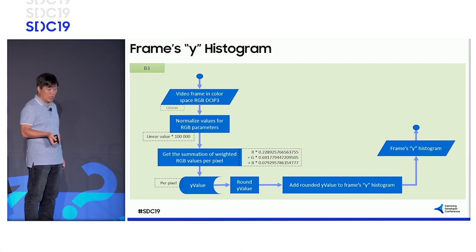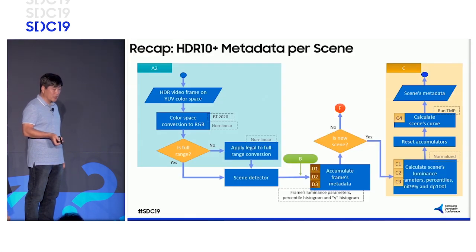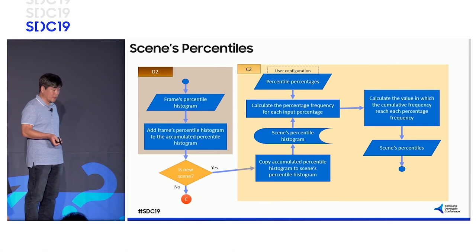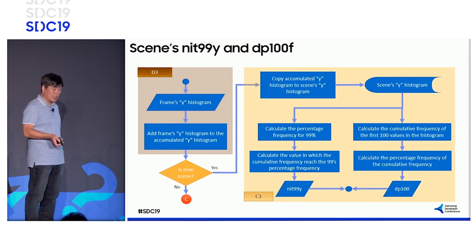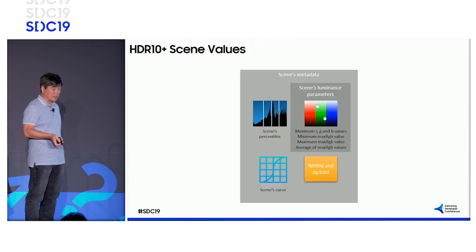And this is a Y histogram, as I mentioned. This is more detail about the calculation, the details of what I explained for the process: scene percentile, then Y luminance values, and then finally generate the curve, and then it makes the HDR10 plus metadata.